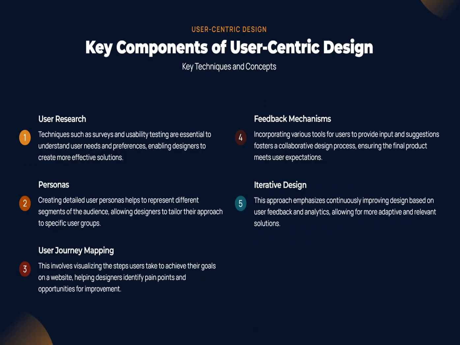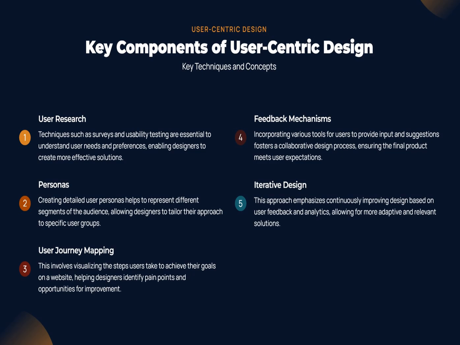Key components of user-centric web design. Core components include user research, gathering in-depth insight through interviews, surveys, and analytics to understand user behavior and needs. Wireframes and prototypes are another core component, a visual representation of user flow that maps out a site structure before development.